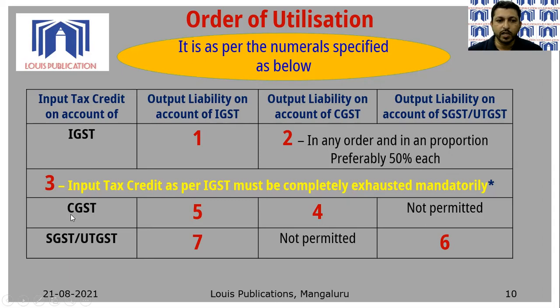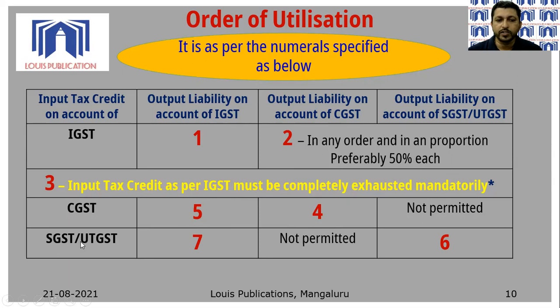Then if there is a CGST credit that is available, CGST credit will first be utilized to set off CGST liability. This is number 4. If some amount of CGST credit remains, IGST liability can be settled. But remember, CGST credit cannot be used to set off SGST or UTGST liability. It is not permitted at all.